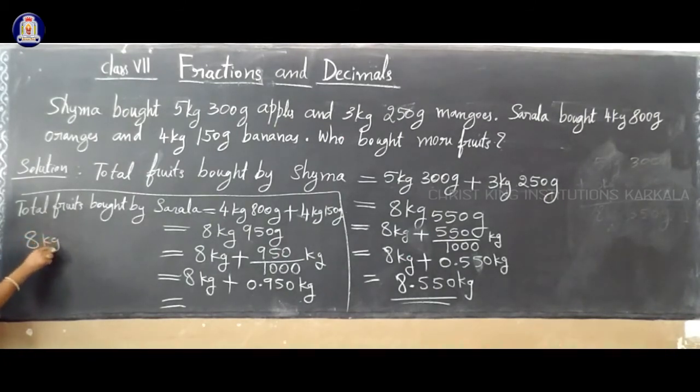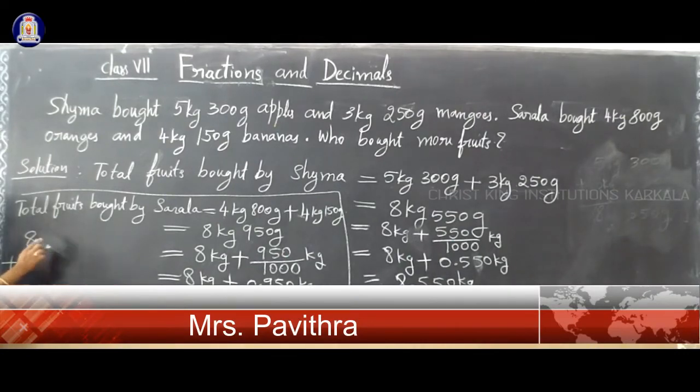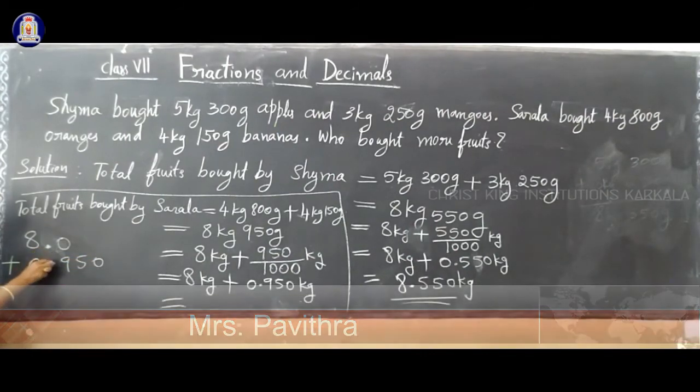Here 8 kg has no decimal point, right? If you want, you can write an extra point and 0, 8.0. Clear? Only for addition. So 0.950, decimal point right together.